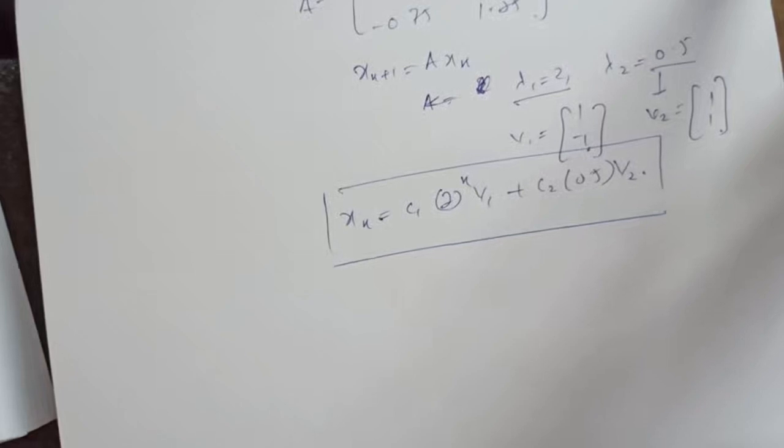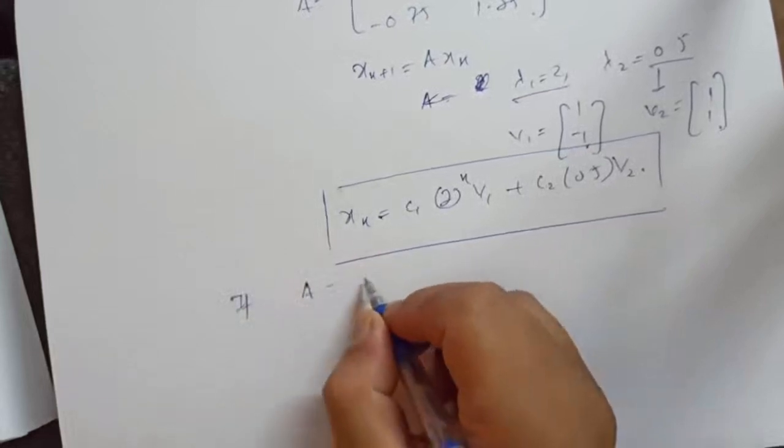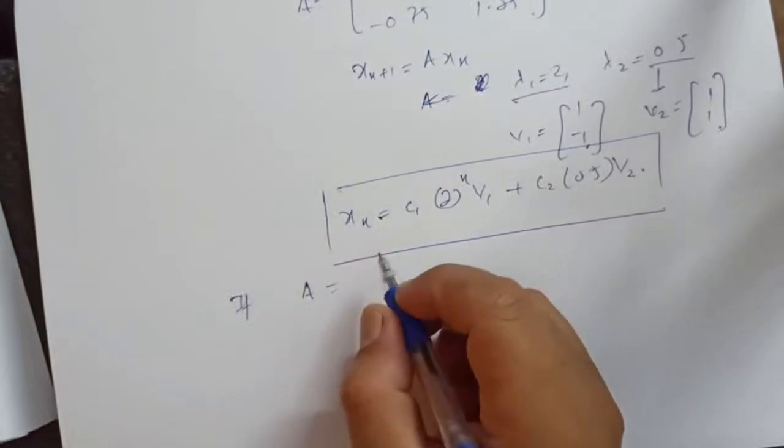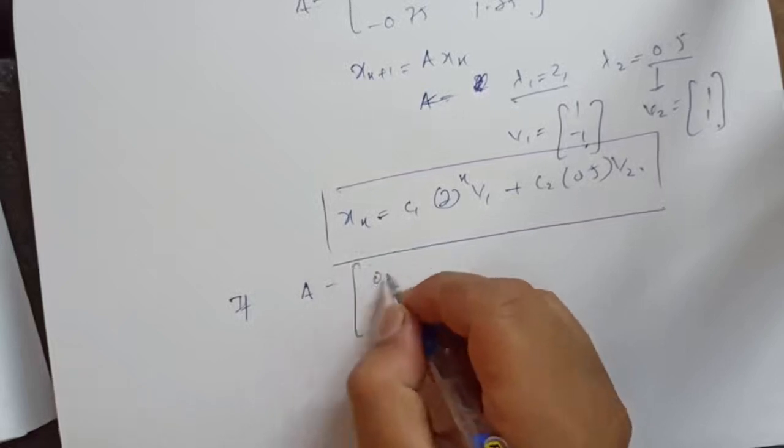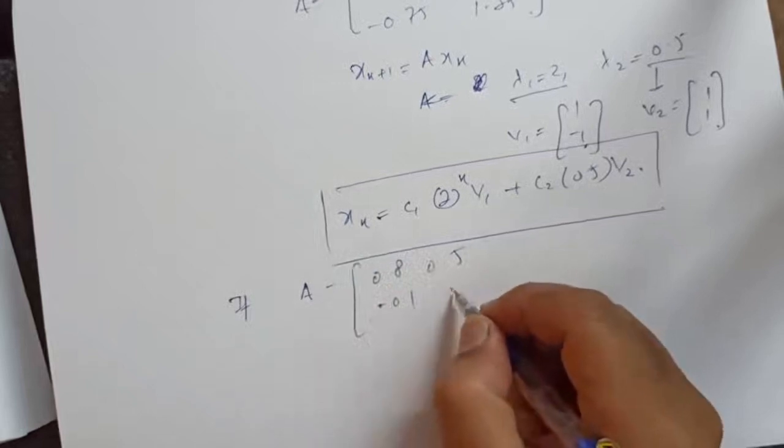If A has complex eigenvalues, then we know that we get a kind of rotation from the matrix A. So let's say that A is 0.8, 0.5, minus 0.1, 1.